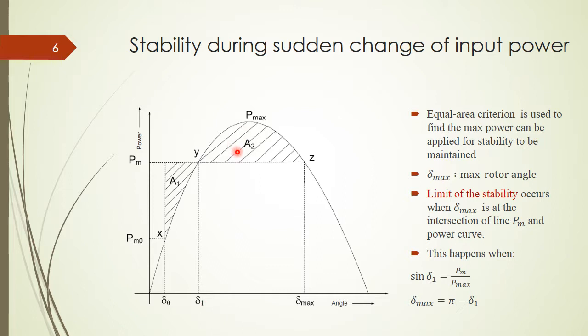The equal area criterion is used to define A2 and A1, and therefore the position X will be defined depending on this. So this will be used to find out how to start or to accelerate a motor or a generator without causing oscillation in the system.